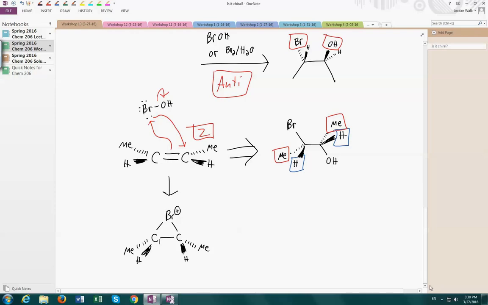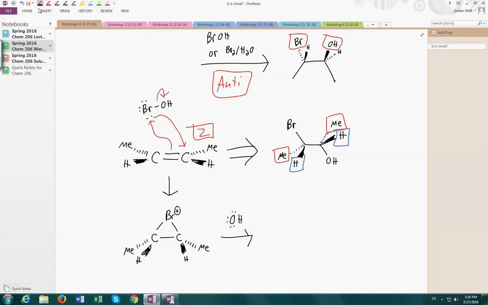Now, we've already said that this type of addition is an anti-addition, right? And so that means when we get to our next intermediate, we've got OH. Is that going to add to the top face or the bottom face? It's going to add from the bottom face, because that's what anti is, right? It's got to come from 180 degrees of our carbon-bromine bond that we want to break.